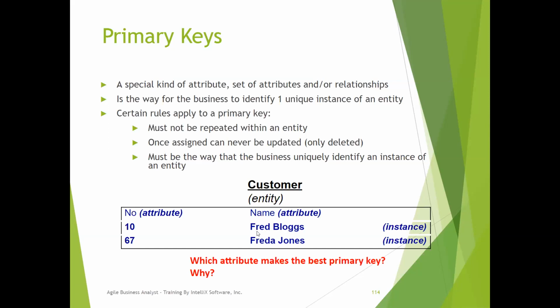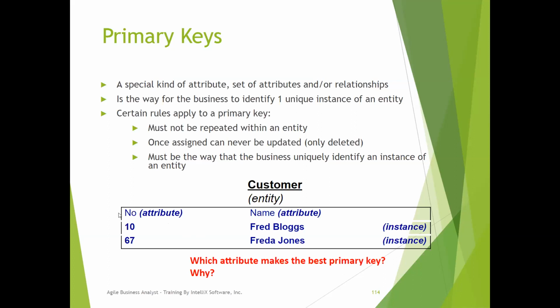In other words, can I have another customer with the name Fred Blogs in the system? Yes. Since it can be repeated, I'm probably not going to be able to use name as a primary key.